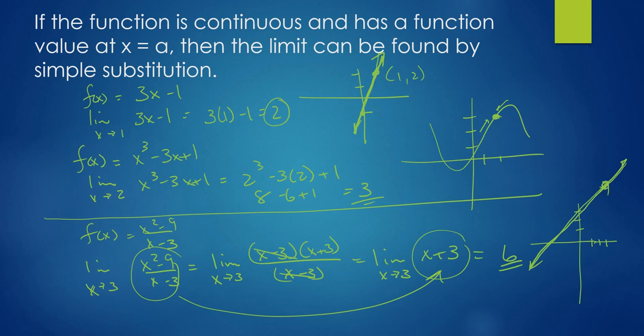You can't see it on the graph, but at x equals 3, there is a hole, which was why I could not plug it in back here. However, the limit of the graph with the hole is exactly the same as the graph without the hole. So when we're talking about limits, if I simplify, I can sometimes plug in my value to find my limit.